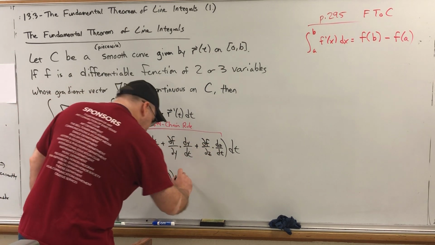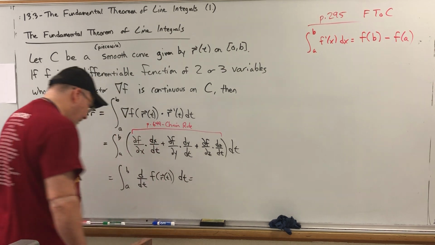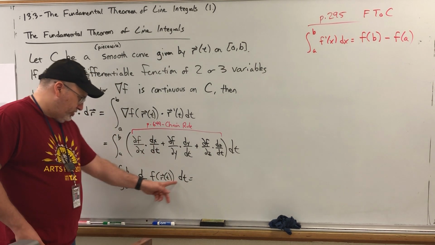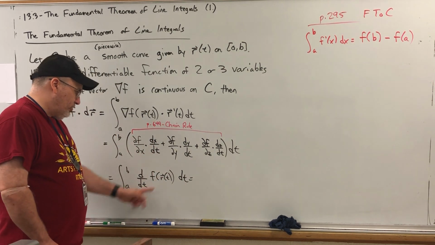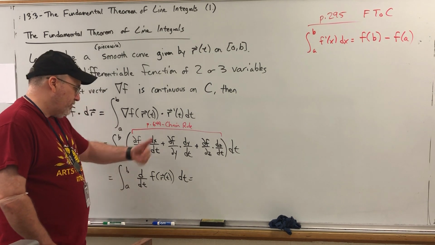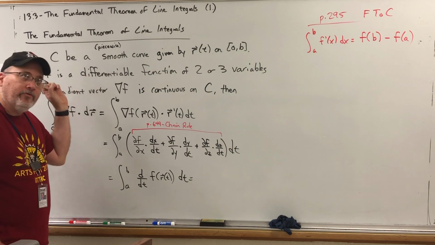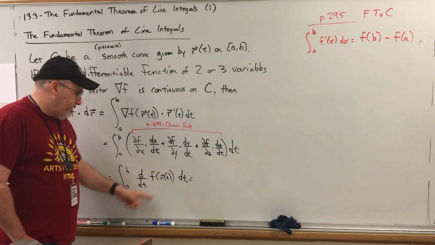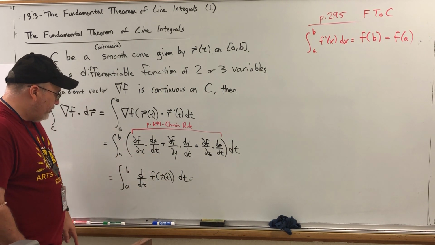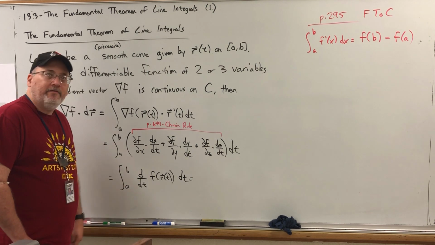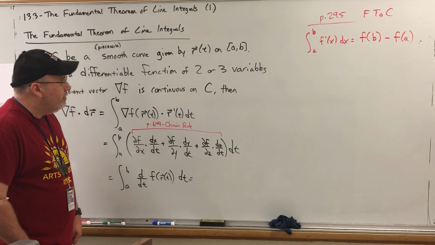And then we still have this dt. Well, this is just a scalar function now. Yes, r of t is a vector function, but its component functions go into this multivariable function and return a single value. So this is a scalar function, but more specifically, it's the derivative of a scalar function.